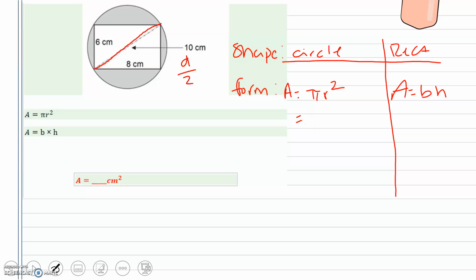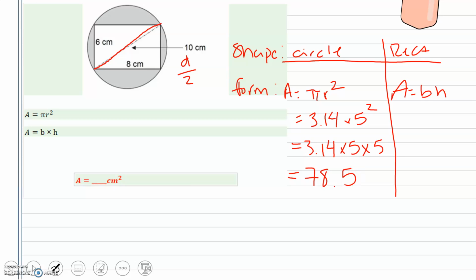So this will now be 3.14, which is our pi, times 5 squared. If you want to see this written out more, this is 3.14, our pi, times 5 times 5. Once we solve that, we get 78.5.